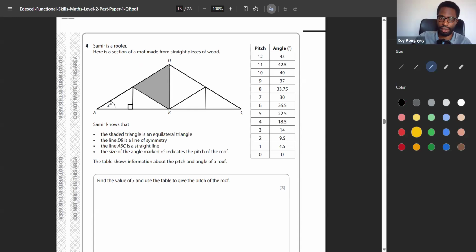You just highlight that line, DB. And the line ABC is a straight line. Let me highlight that line, ABC. The size of the angle marked X indicates the pitch of the roof. Okay, find the value of X.